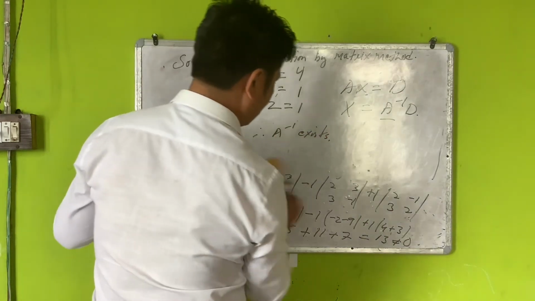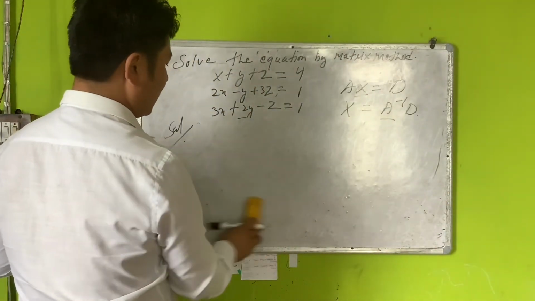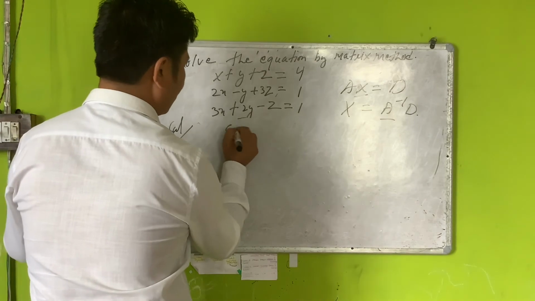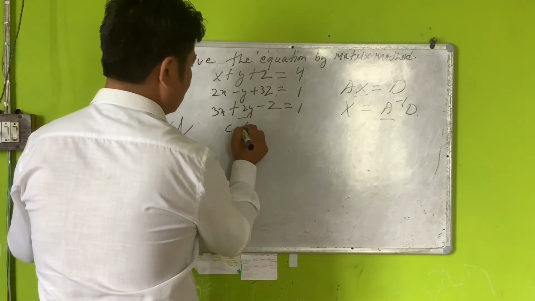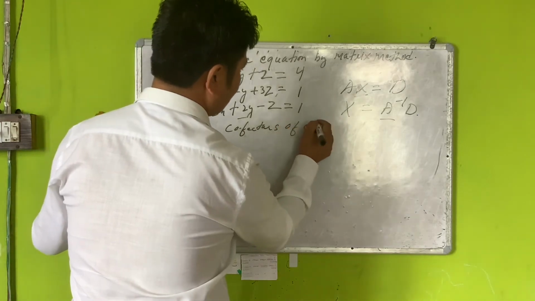Okay, when A inverse exists, now you have to find the adjoint of A. For that you need cofactors of elements.